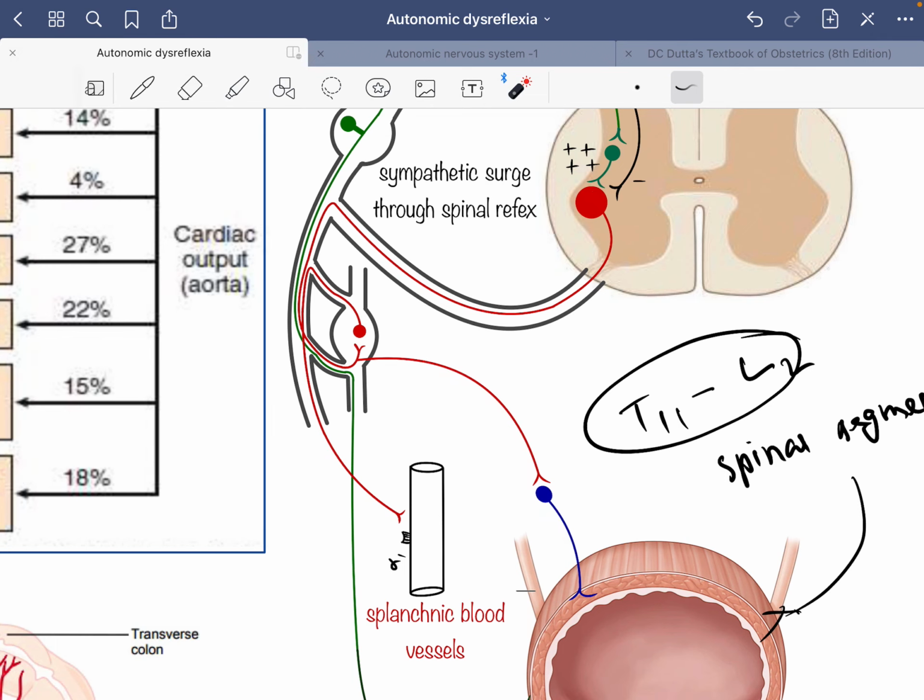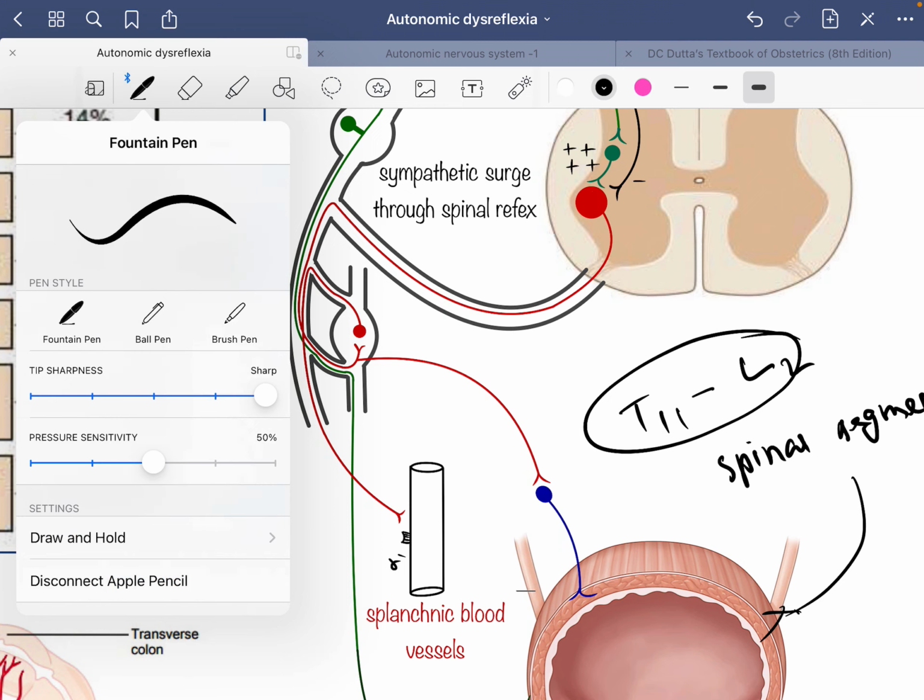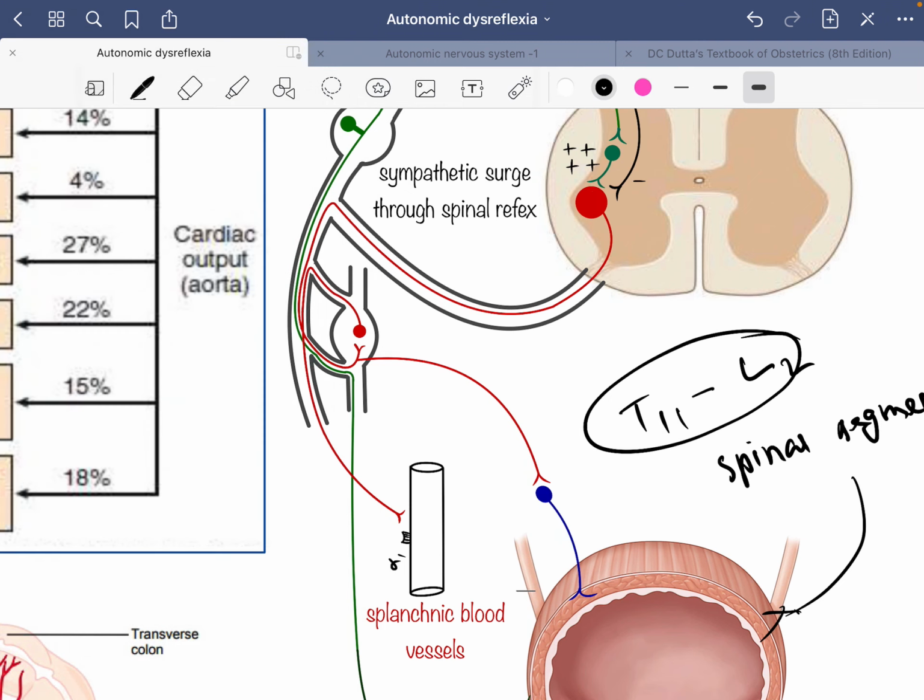This postganglionic neuron is then activated and starts to release norepinephrine on the urinary bladder. This norepinephrine acts on beta 2 receptors of the urinary bladder and facilitates its distension. That means sympathetic activity facilitates storing urine within the bladder.